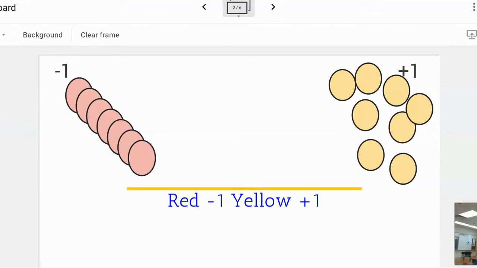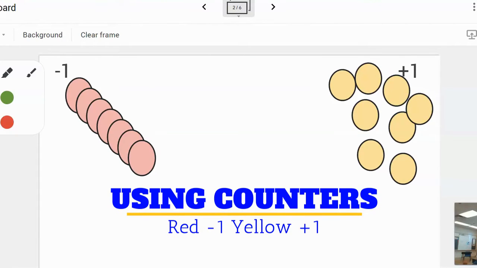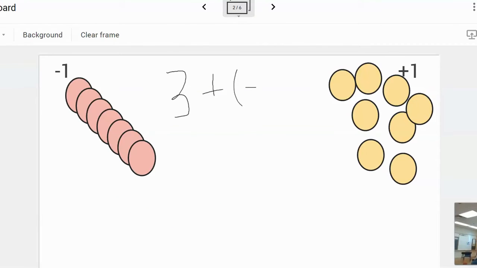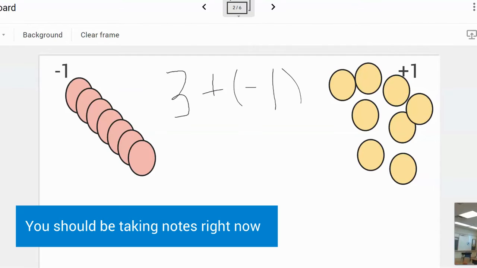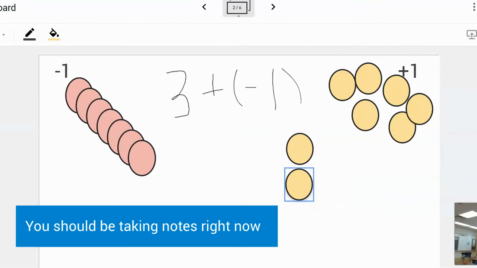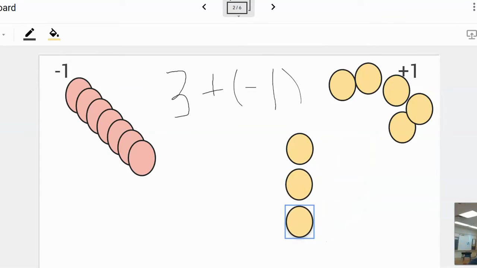But what if we were to take something like 4, let's make it even easier, 3 plus a negative 1. All right, what would that look like? So we need to think about these counters. This is a positive counter, and we have 3 positive counters.